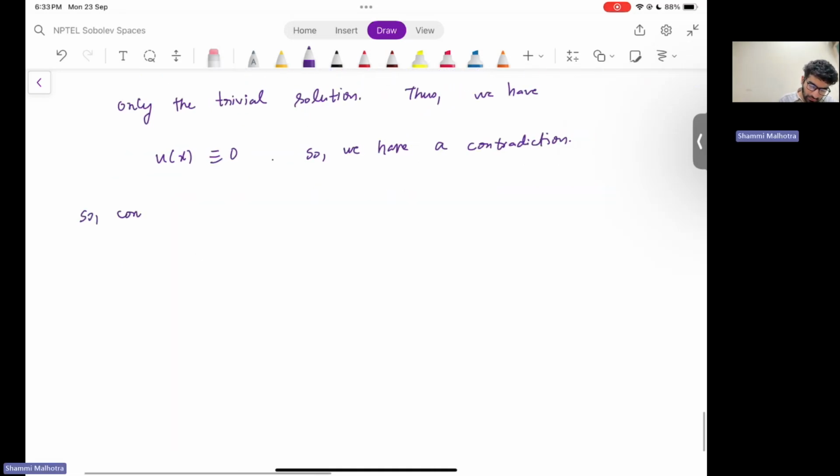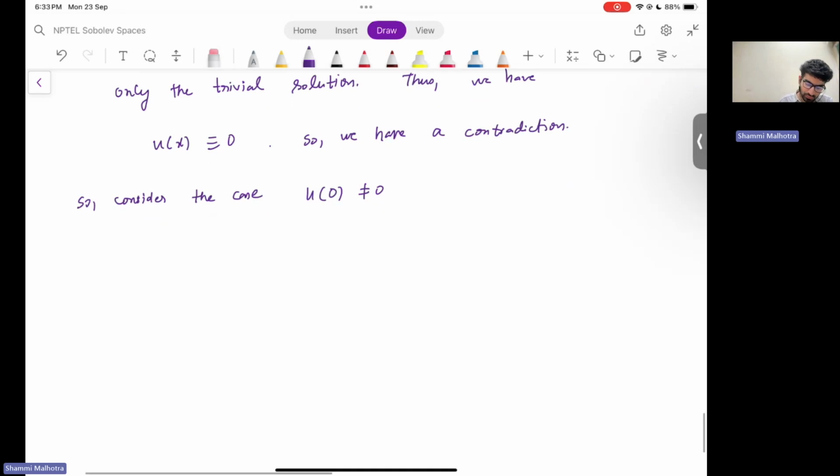So consider the case u0 to be non-zero. So we are in this situation: we have the equation minus u double dash plus u equal to lambda times u0 on I, and u(minus 1) equal to u(1) equal to 0.